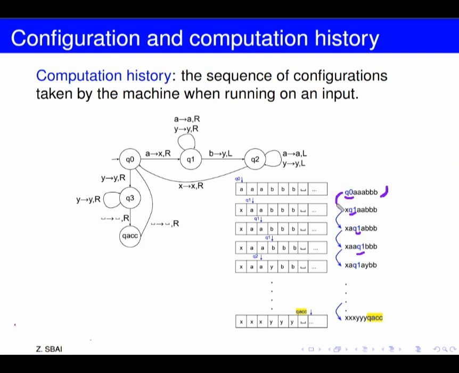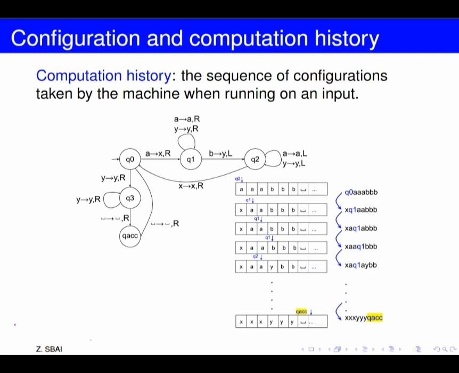This relation here is called yields. So the first configuration here yields this configuration. This configuration yields the next one. And we will look for all the possible yields until stopping, until finding that the machine halts with an accept or a reject.